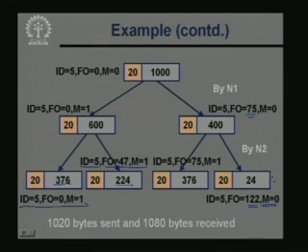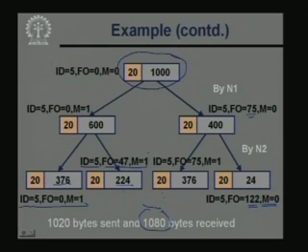So, the final destination will be receiving these 4 fragments, and using this ID, FO and M information it can put them back together in order. But one thing you just look here, that originally the packet was of size 1020, but at the receiving end there are 4 packets, which means 80 bytes of header. So, we have received 1080 bytes.